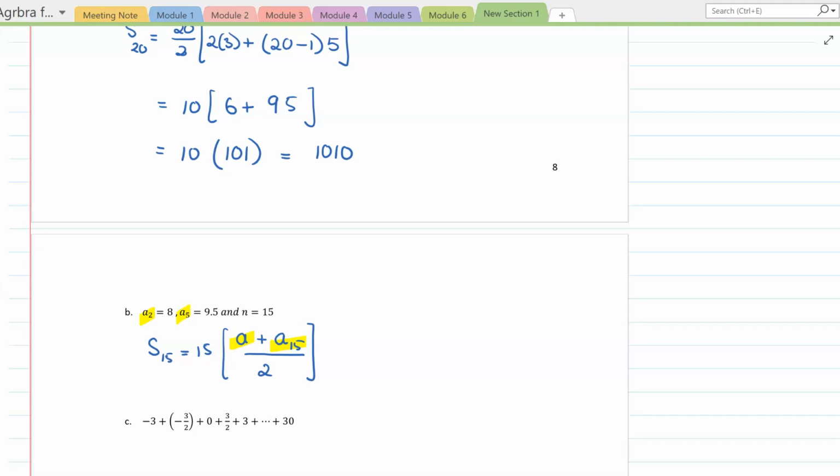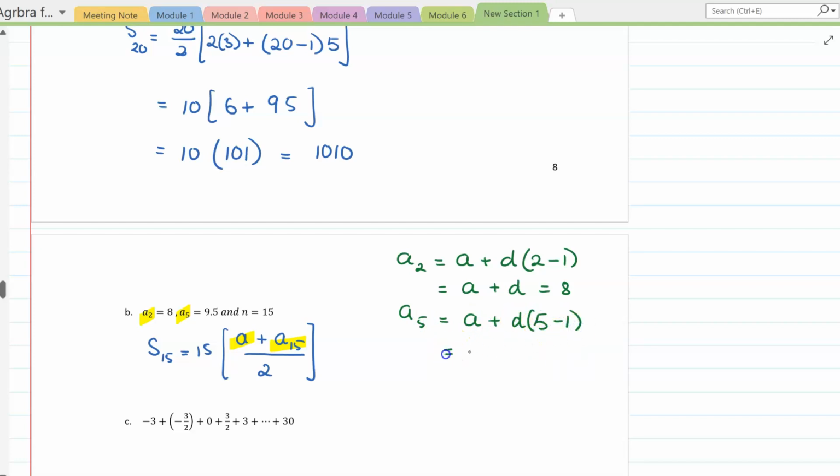So let's start with a sub 2. We know a sub 2 is equal to a plus d times 2 minus 1, and that is a plus d equal 8. A sub 5 is equal to a plus d times 5 minus 1, so a plus d times 4 is equal to 9.5.